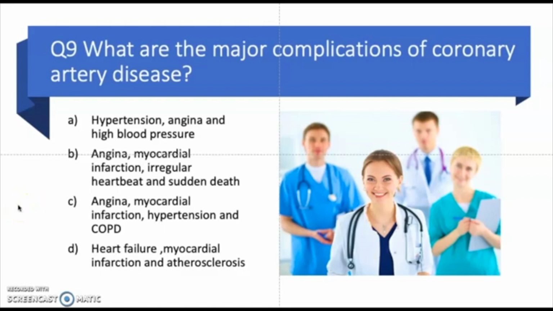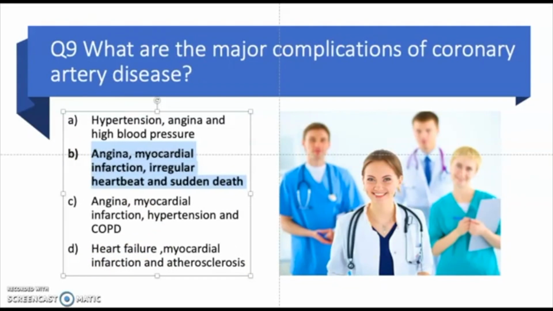Hypertension, angina, and high blood pressure; angina, myocardial infarction, irregular heartbeat, and sudden death; angina, myocardial infarction, hypertension, and COPD; heart failure, myocardial infarction, and atherosclerosis. So the correct answer is angina, myocardial infarction, irregular heartbeats and sudden death. That's the correct answer. I'm going to bold that.